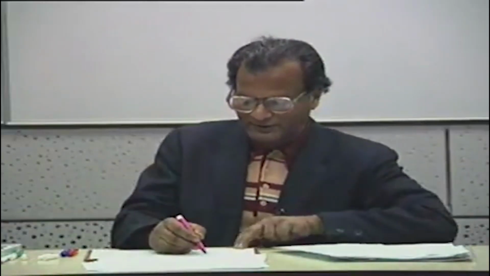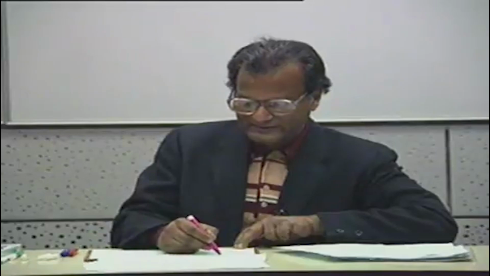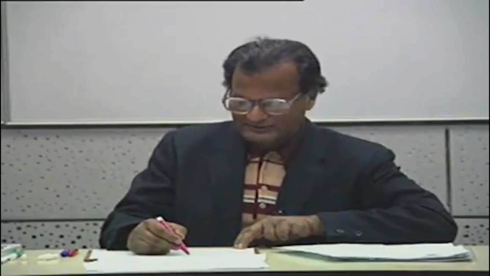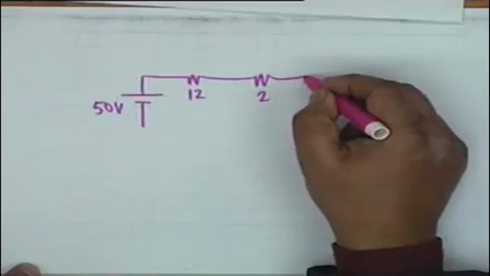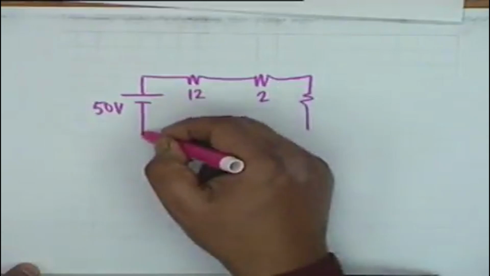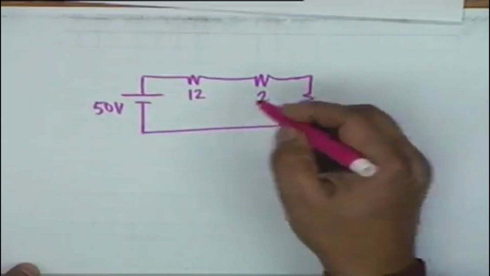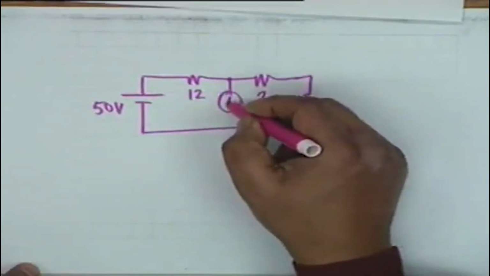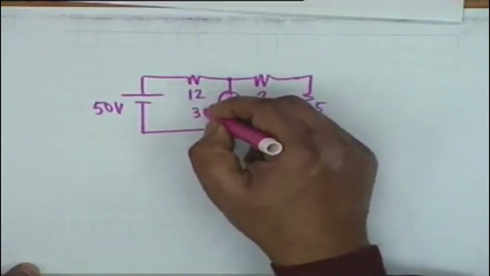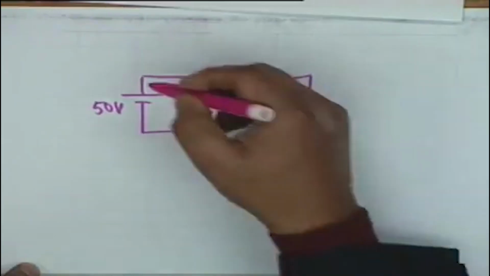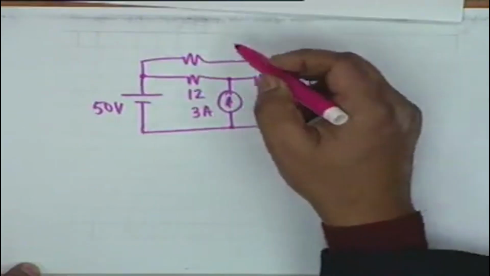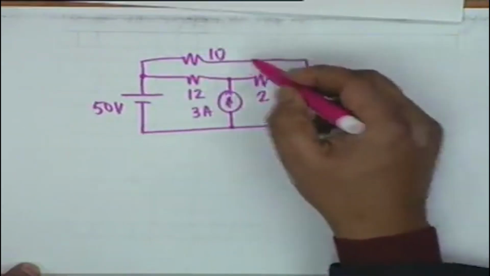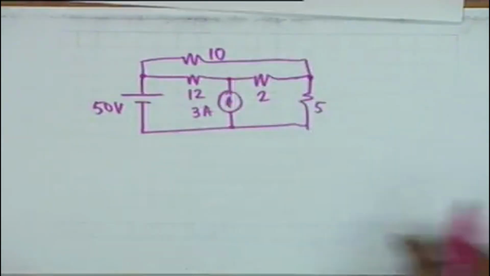The circuit is the following. We have a 50 volt source along with two resistances, 12 ohm and 2 ohms, a third resistance 5 ohm, and a current generator of 3 amperes here. Then there is another resistance here of value 10 ohms. This is my circuit.